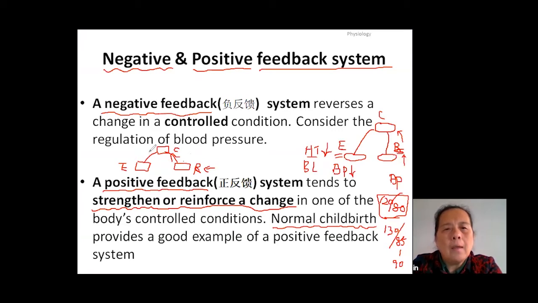Then they send information pushing the uterus muscles to contract more strongly, and more strongly, sending more information through the receptors to the control center, and pushing more strongly. That kind of feedback system we call positive feedback.